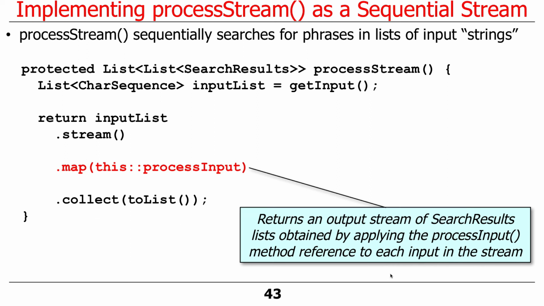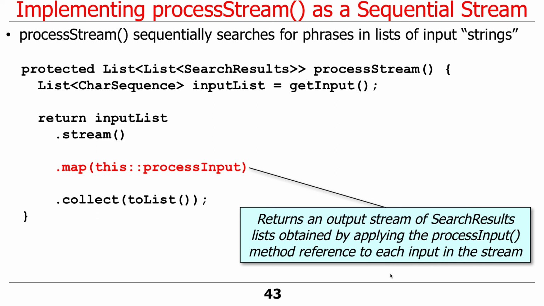Map is going to take that stream as input, and then it's going to call processInput on each element of the stream, in other words, on each input play, each work, and it'll then return an output stream of search result lists that's obtained by applying the processInput method reference to each input in the stream.